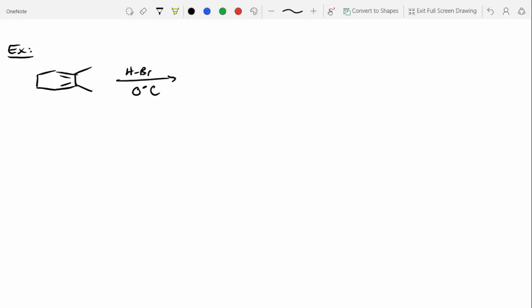And then I want to figure out what product we get from this. Get started with our arrow pushing. Does it matter which pi bond we use? I picked the top one. No, it doesn't matter because it's symmetric.